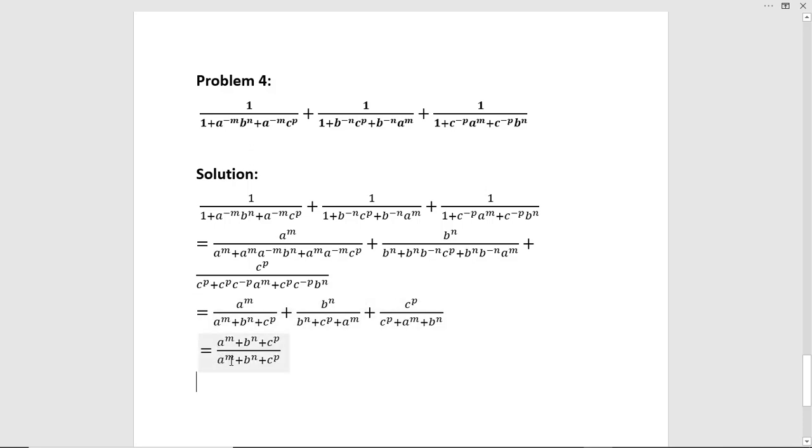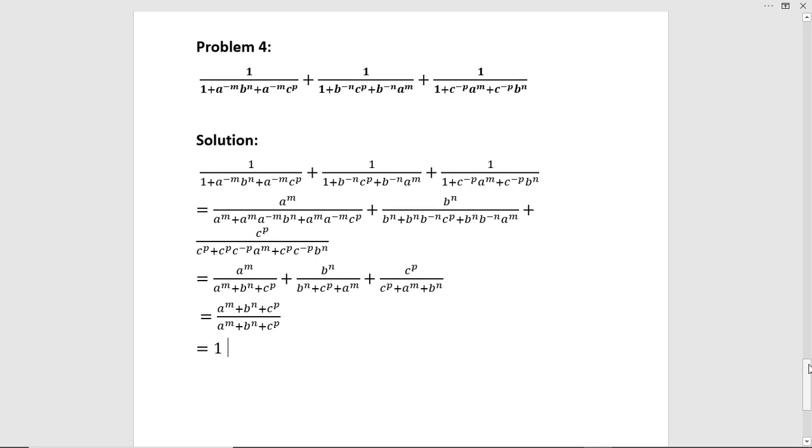So in the simplified expression, the denominator is a to the power m plus b to the power n plus c to the power p, and as it is added, we will get a to the power m, b to the power n and c to the power p as the numerator, and denominator and numerator both will be cancelled, that is 1, both are same. So this is the answer.